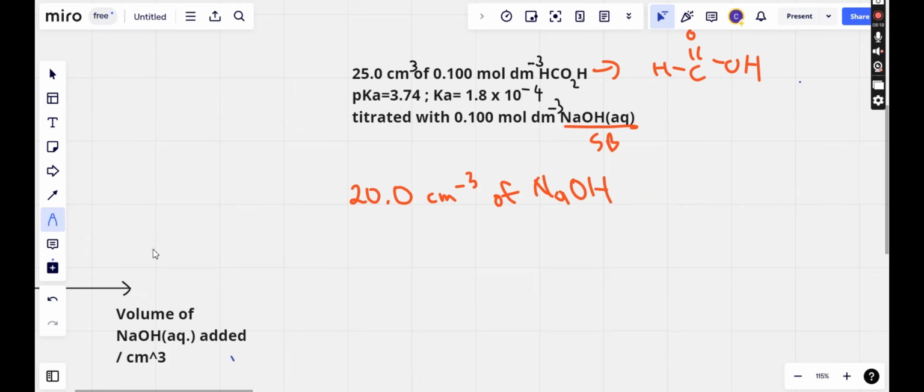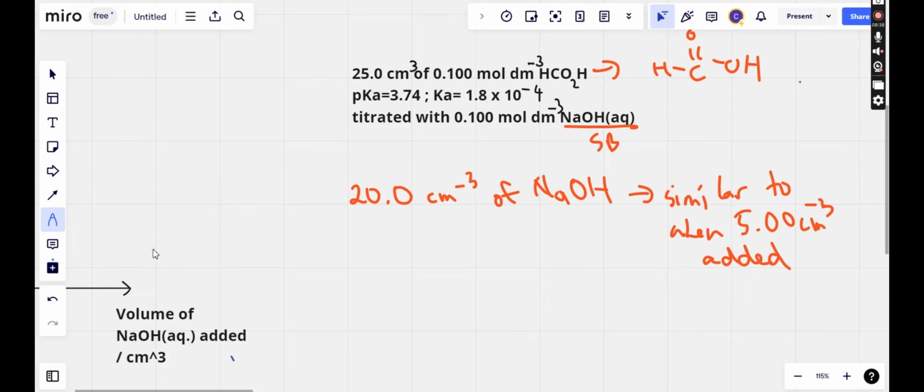How will the calculation look like? This time round, the calculation will be quite similar to when 5 cm cube is added, so I'll be going through slightly faster.